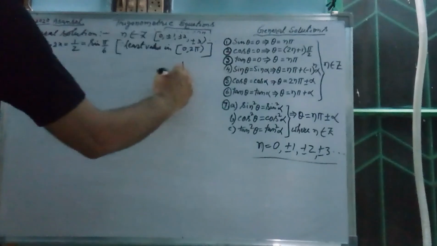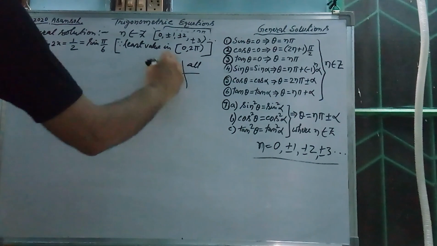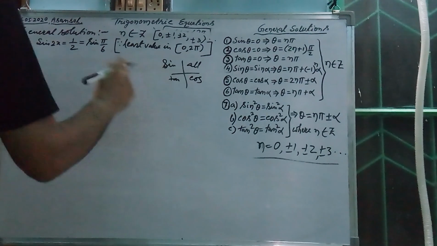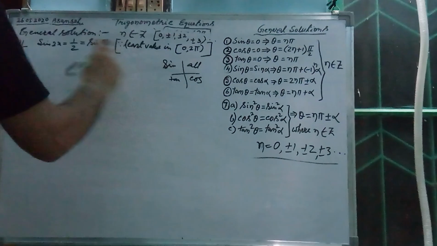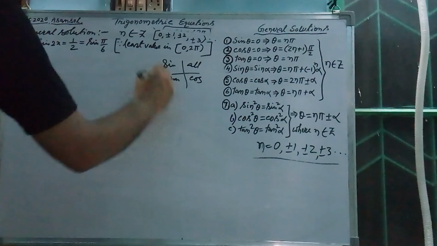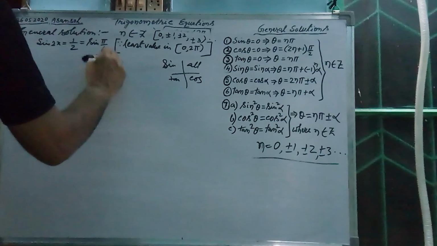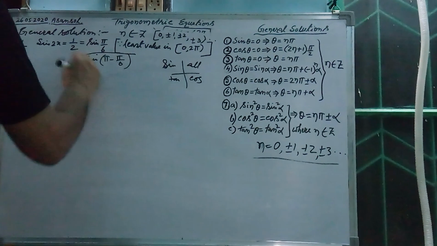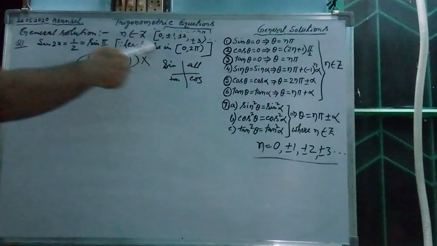See, there are 4 quadrants, with all, sin, tan, cos. One value is pi by 6 in the first quadrant, and this sin pi by 6 can also be written as sin of pi minus pi by 6. But we will not take this value because we have to take the least value.